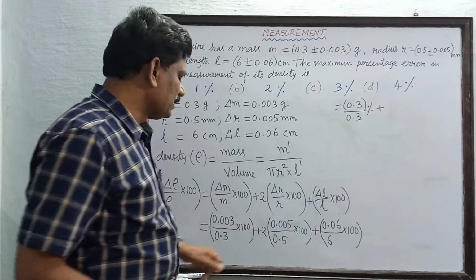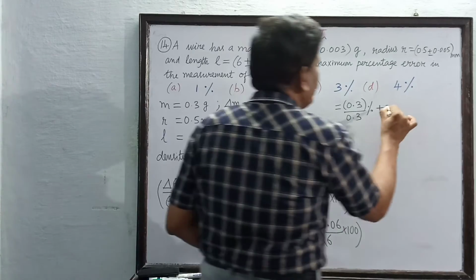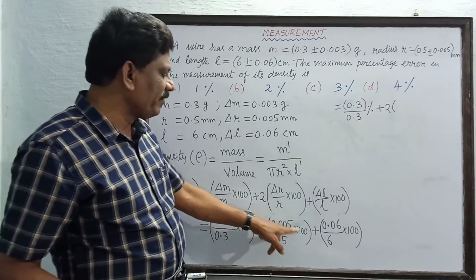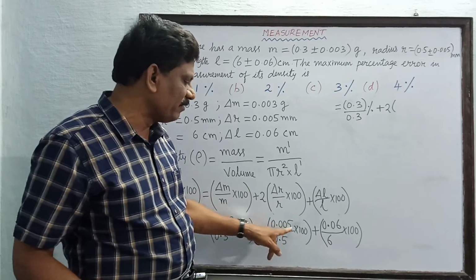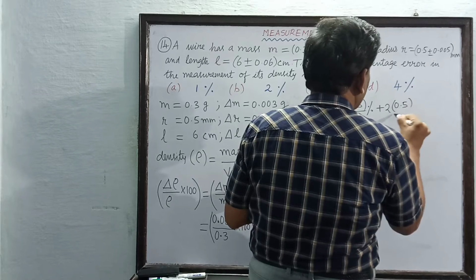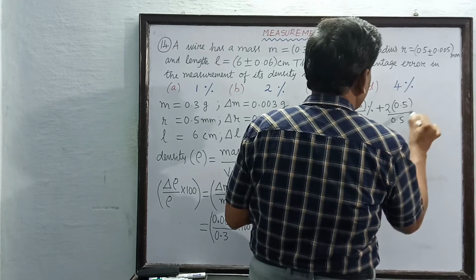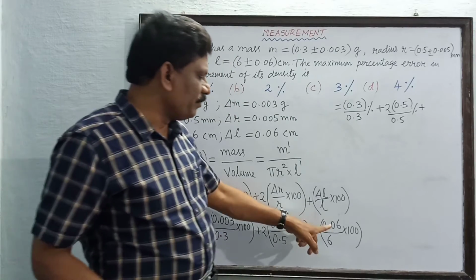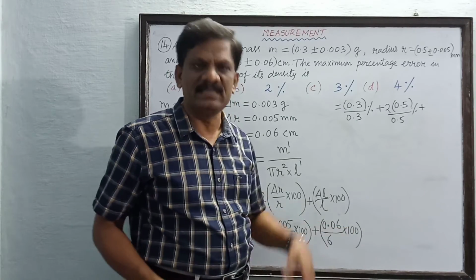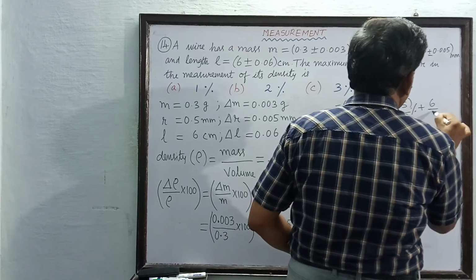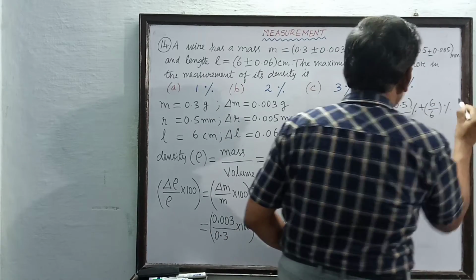Plus the second bracket is 2 multiplied by 0.005 into 100, which is 0.5 divided by 0.5, so 2 into 0.5 divided by 0.5 percent. Plus the third one is 0.06 into 100, which is 6 itself. So this is 6 divided by 6 percent.